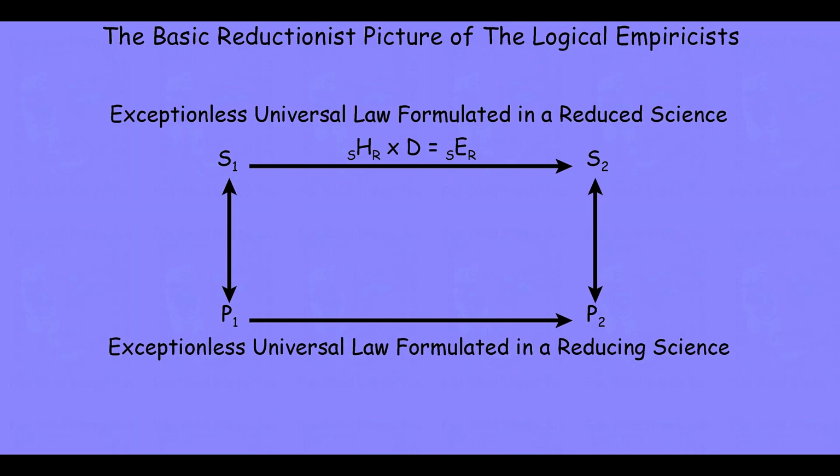So in the case of habit strength, I'll operationalize sHr as being proportional to the number of stimulus-response pairings that the organism has experienced in the past. So I'll just count pairings of stimulus and response. I'll multiply that number times my D, my drive.